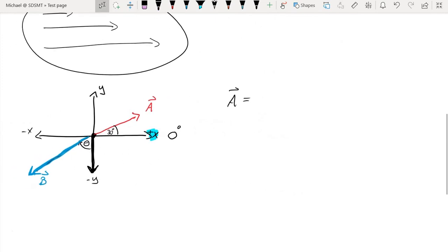So let's come over to this side, and I'm just going to draw vector A over here again. We have vector A, and actually let's use a different vector.